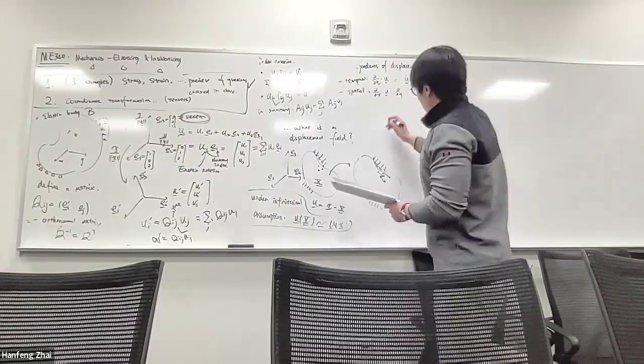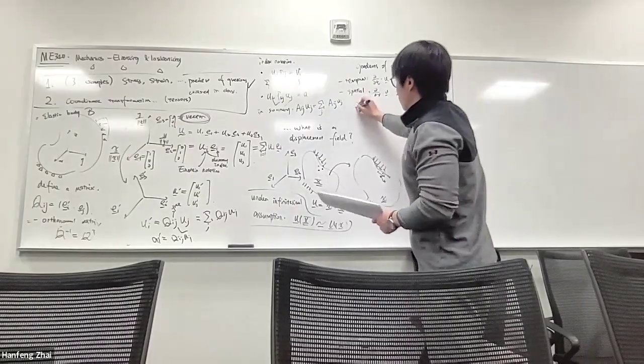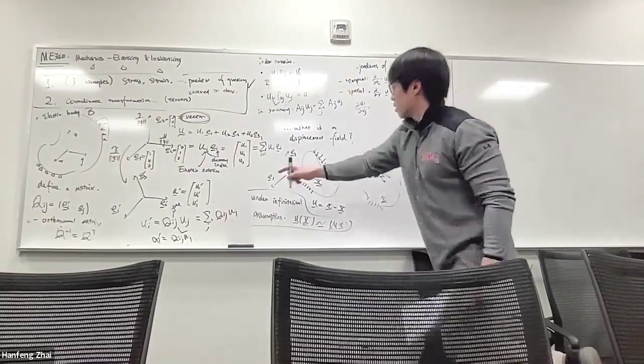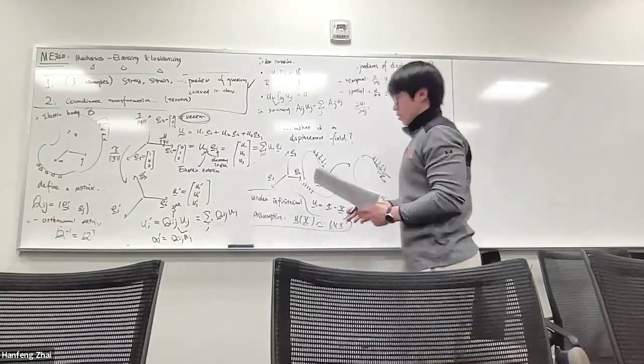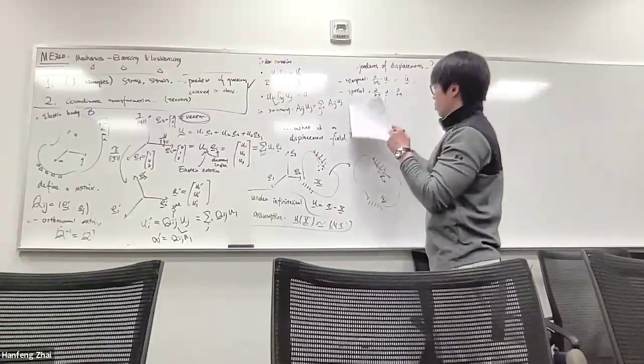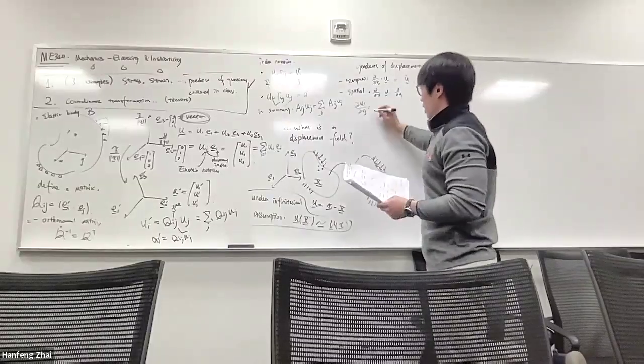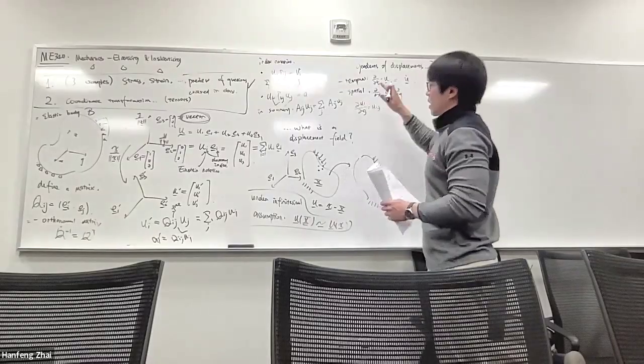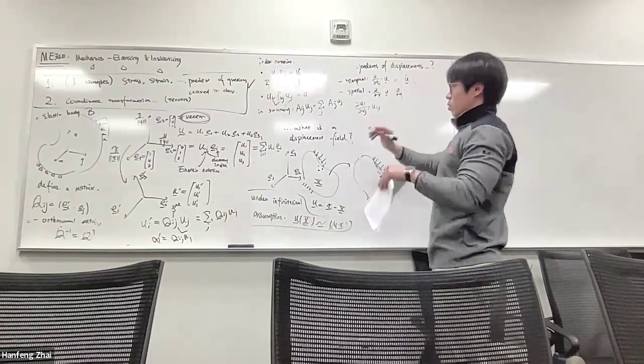So if we use index notation, partial ui, partial xj, using the Einstein notation, we can simplify the gradient representation as ui comma j, where i can be x, y, z, or 1, 2, 3, and j also can be 1, 2, 3.